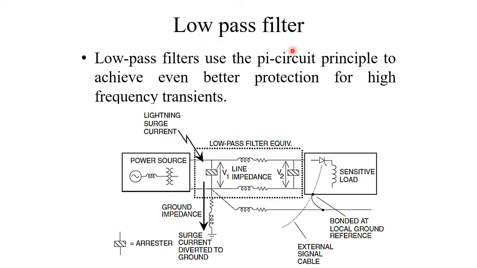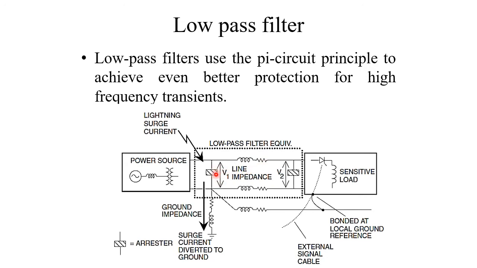The next one is the low pass filter, which we have already discussed. This filter acts as a pi circuit, because here there is one surge arrestor, surge diverter V1, and V2 is another surge diverter, and then there is an impedance circuit.